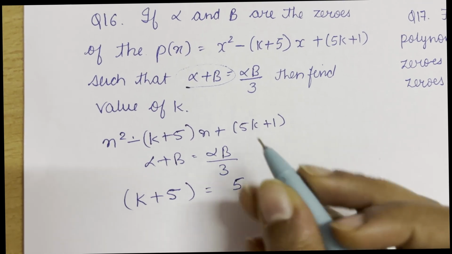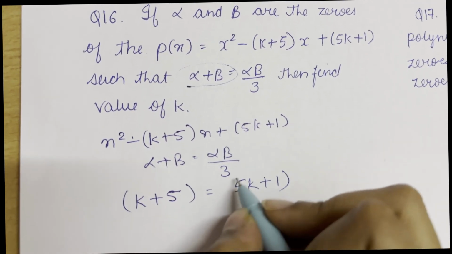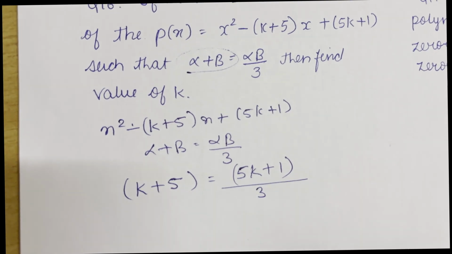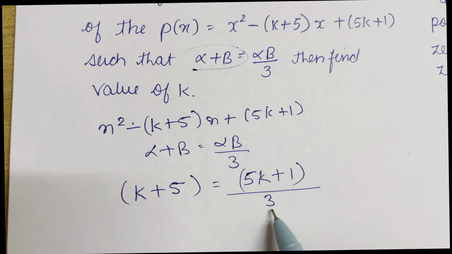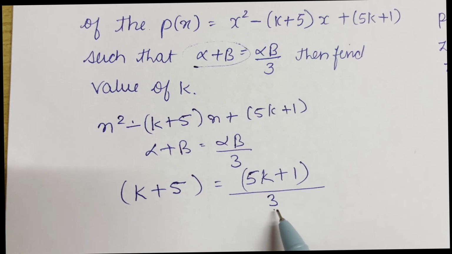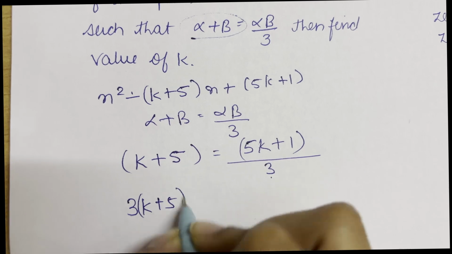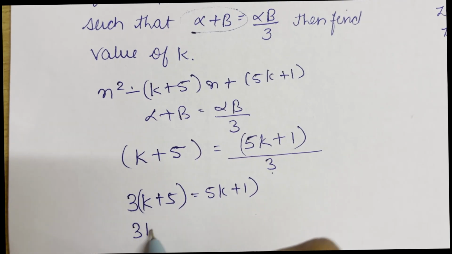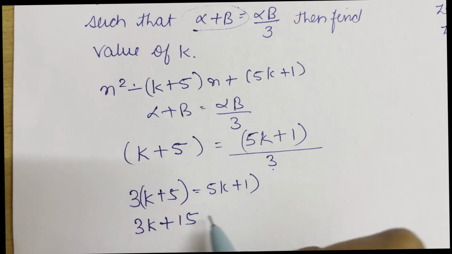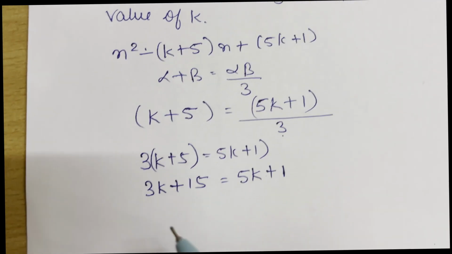Alpha beta is c by a. Again, a is 1, so we don't need to worry about the denominator right now. So it is 5k plus 1 upon 3. On multiplying the 3 with k plus 5, it becomes 3k plus 15 equals 5k plus 1.